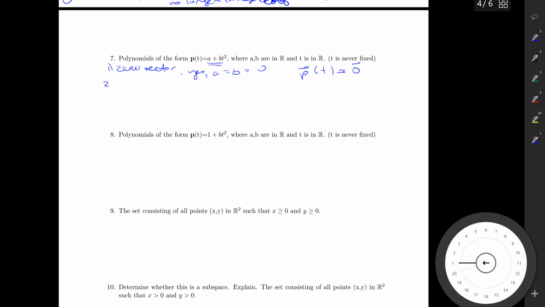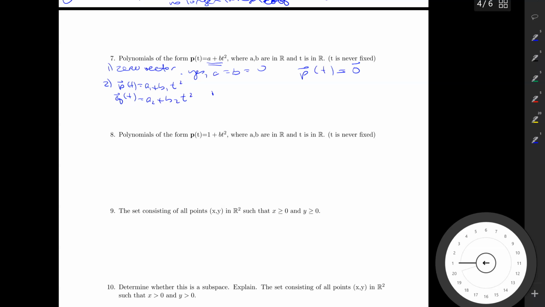All right, so let's look at the second one. If I take a P and a Q that are already in the subspace, so let's make A1 plus B1 t squared, A2 plus B2 t squared, and if I add these two together, do they stay in the subspace?